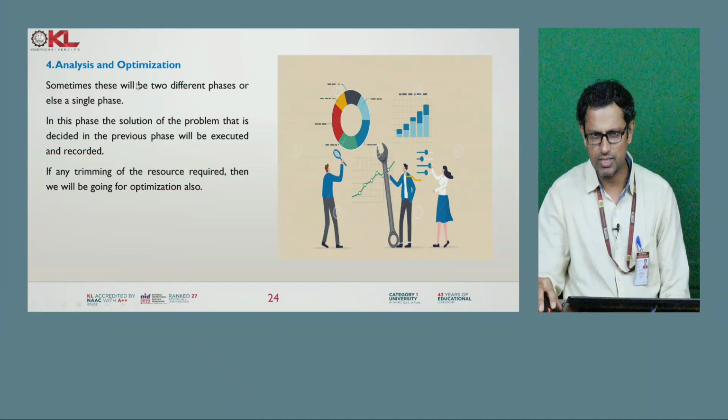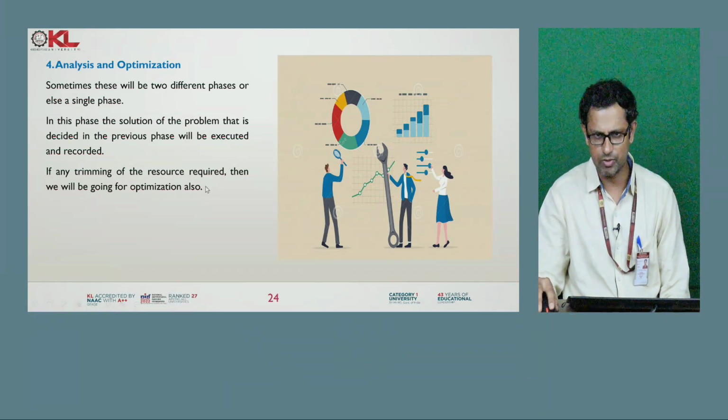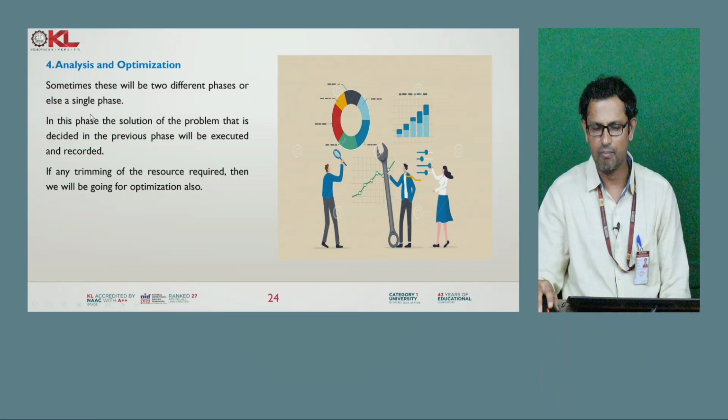All those things I have to consider in the fourth step. That is why the fourth step involves the analysis and optimization for the solutions that we considered in the previous step. In this step we have to consider how many resources are required, and also do the optimization for those parameters. Like this we have to do the parametric analysis also here.